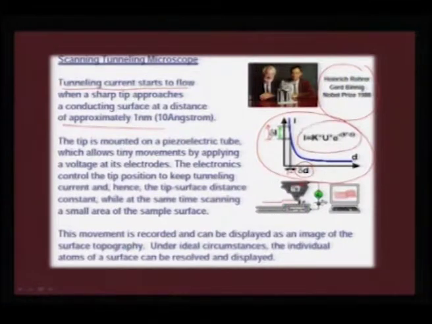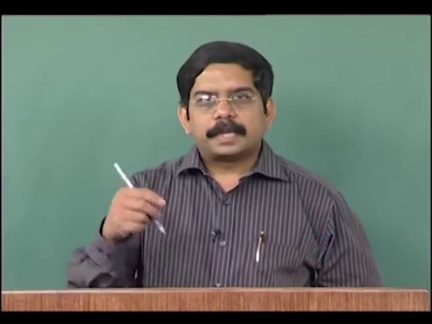So, the tunneling current is exponential to the distance between the tunneling tip and the surface, and if this tunneling has to happen, both the tip and the surface that you are probing have to be metallic. You cannot have a non-metal or an insulating compound.